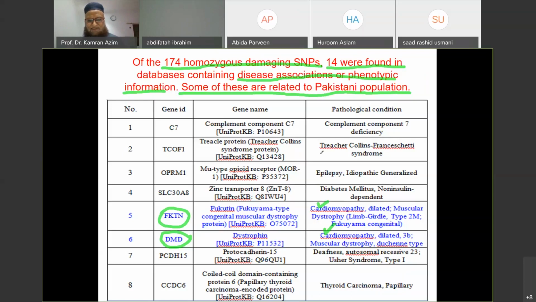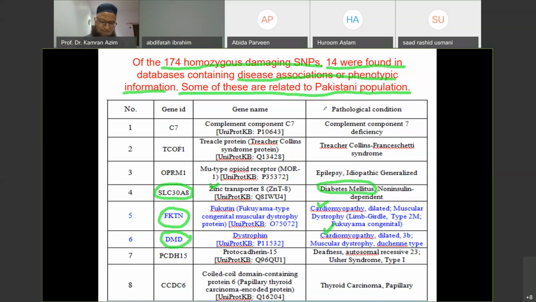Besides some other conditions which I'm not going into detail. Say, for example, this gene, which is basically a zinc transporter, is reported to be involved in diabetes mellitus. So starting from the sequence and sequence analysis, we came up to the disease.